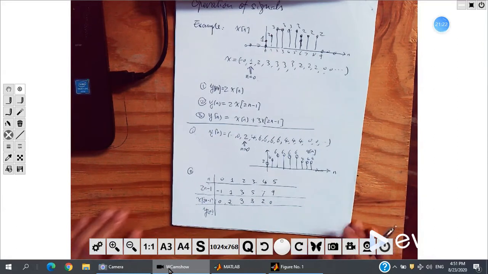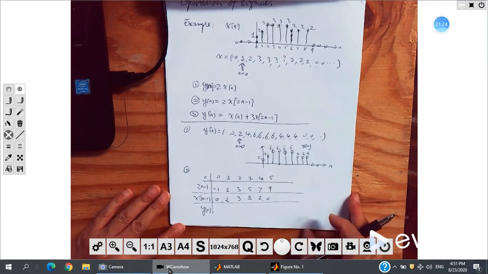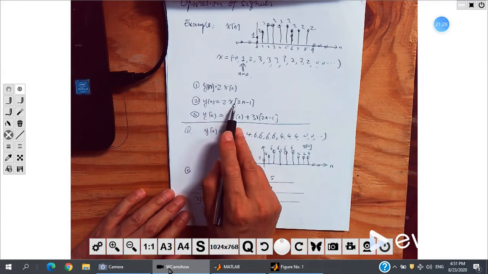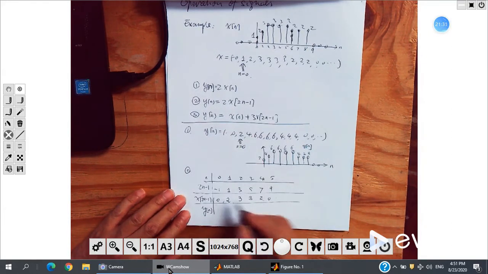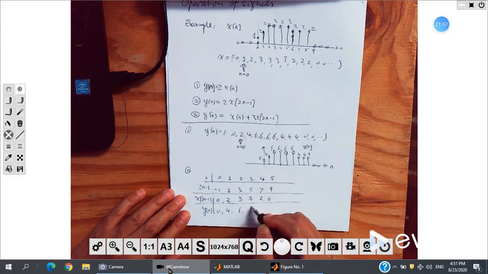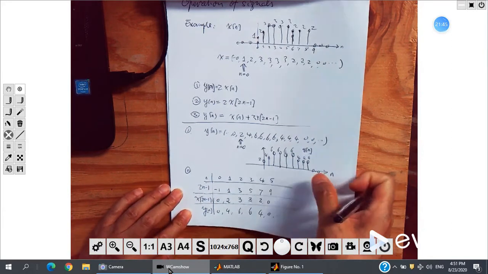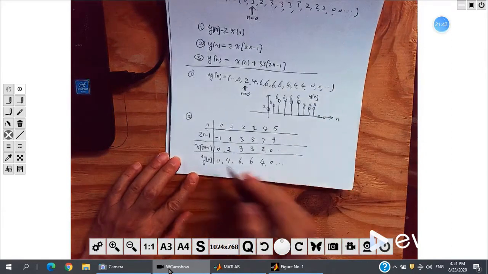Okay, finally we can get y. What is y? y is 2 times this one, right? y is 2 times x[2n minus 1], so just double the values here. This is 0, still 0, double, I get 4, double, I get 6, double, I get 6, double, I get 4, then double is 0. Okay, we can write it in this way.